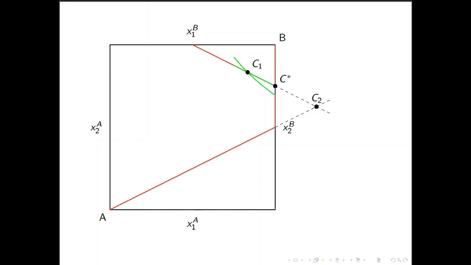And what they would like to do is to trade to the point C2, because at that point, their marginal rates of substitution are the same. So they can no longer trade in such a way that they both benefit. So they will trade along the budget line in the direction of C2. But when they get to the edge of the box, they cannot trade anymore, because trading more would violate the physical constraints. So they stop at the point C star, which is the solution.